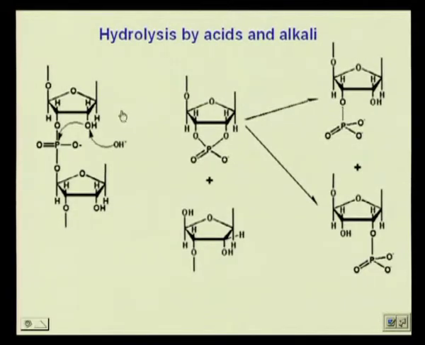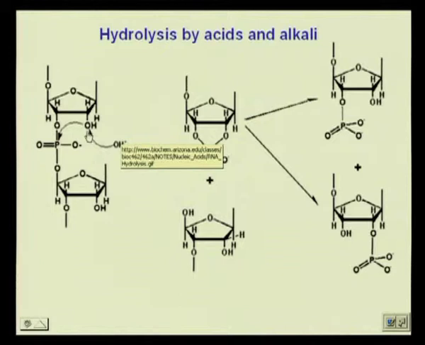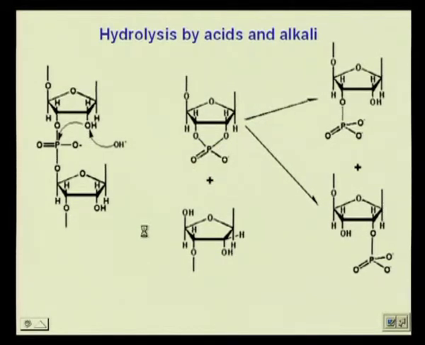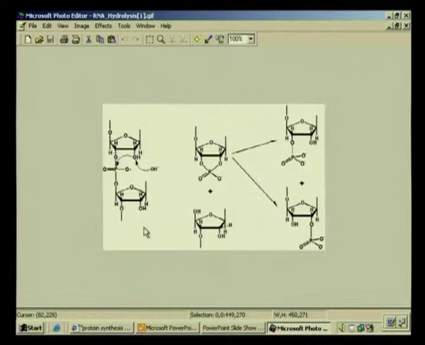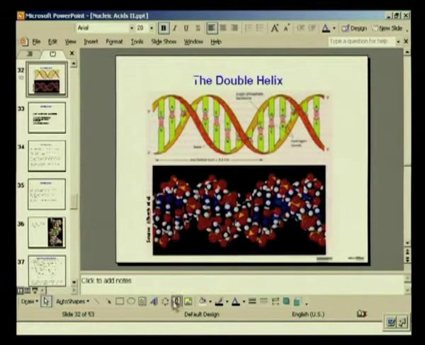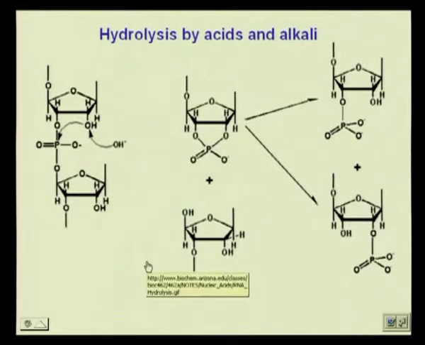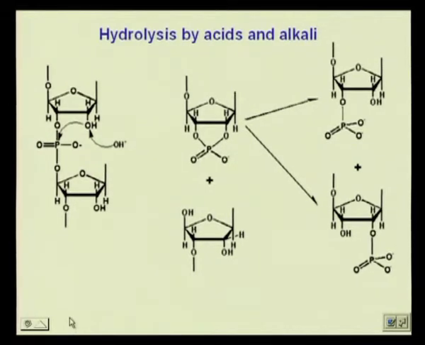What happens in RNA? This is RNA now, right. So, in the RNA, what is this doing now? What we have here is, we have the case where we have the OH at the 2 prime position.